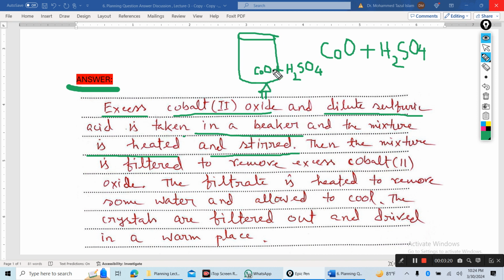After heating, you will see cobalt(II) oxide dissolve in sulfuric acid, and cobalt(II) sulfate salt and water will form.